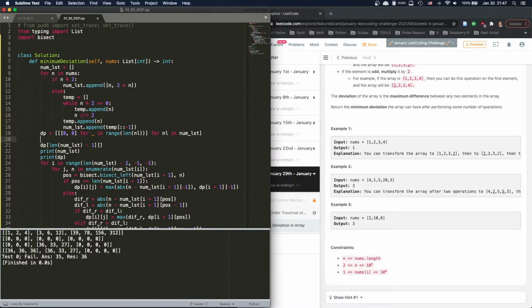So it's gonna be for number in numlist. I think we use this minus 1. We actually need i, enumerate.